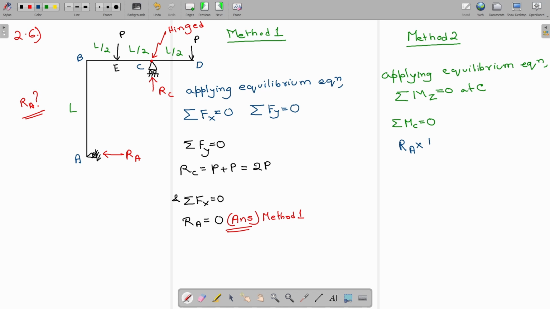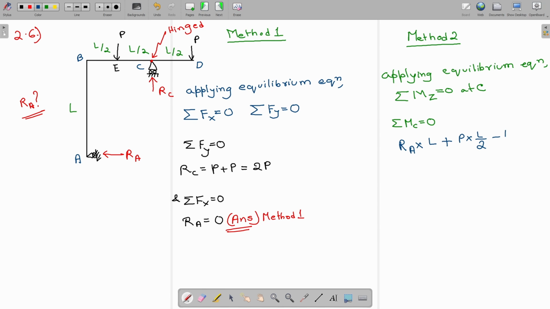So RA into L plus, for this point D, this P is acting at L by 2 distance from C. Therefore, I can write P into L by 2. It is also acting in the clockwise direction. However, at E, the point load P is acting in the anti-clockwise direction, that is opposite to the direction which we have considered to be positive.